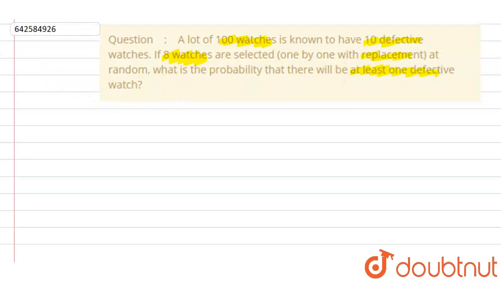Now here, in each selection of watch, there is replacement also.